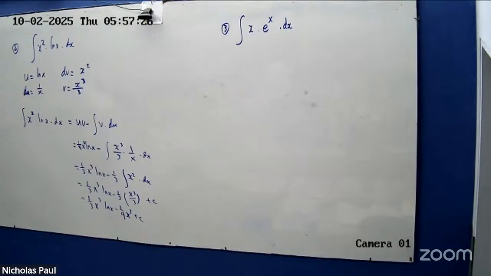Which one do we differentiate? Because we can differentiate both of them. But the rules still stand.